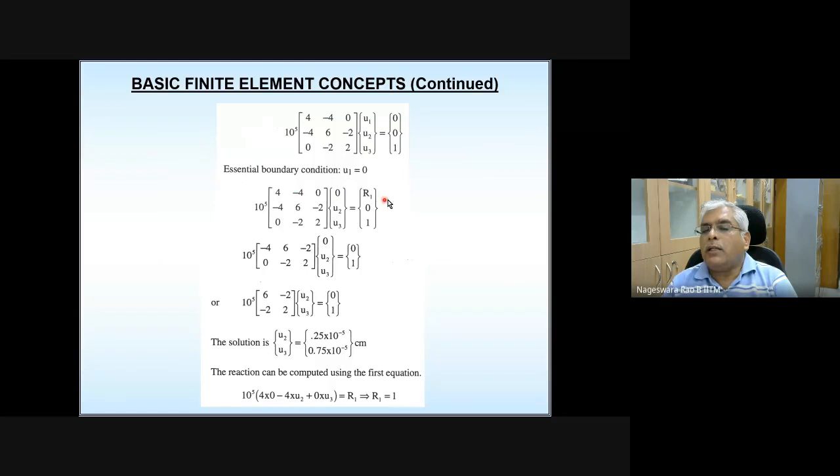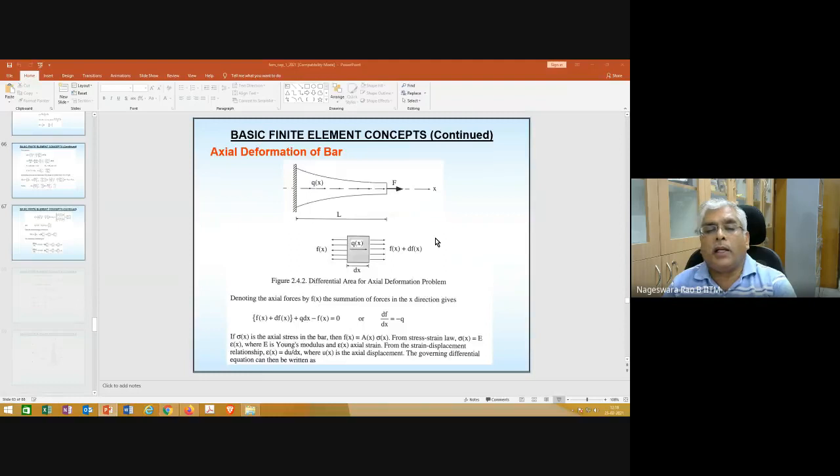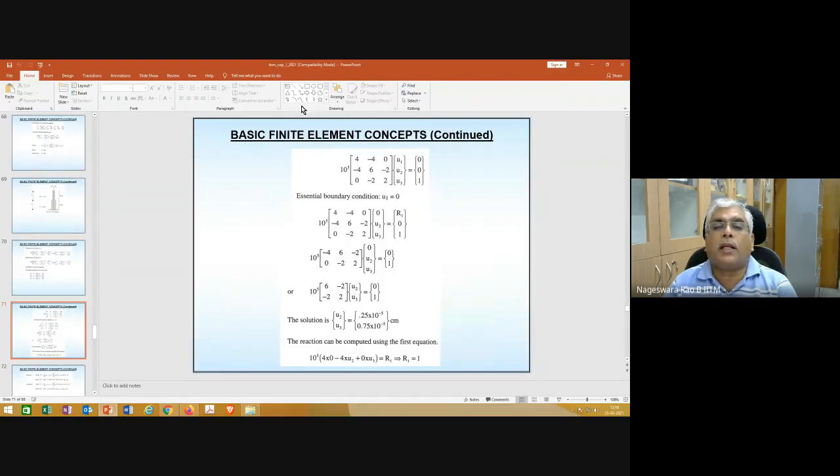Okay. Now you have no unknowns on one side, unknowns on the other side. You do the partitioning. How are you going to do the partitioning? Let me draw that so that it will be clear to you.